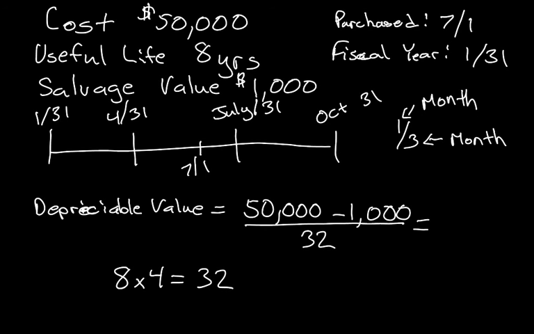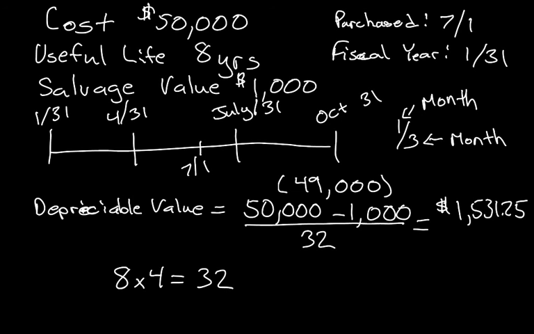So, as we know, 50,000 minus 1,000 will be 49,000. 49,000 divided by the 32 would give you $1,531.25.